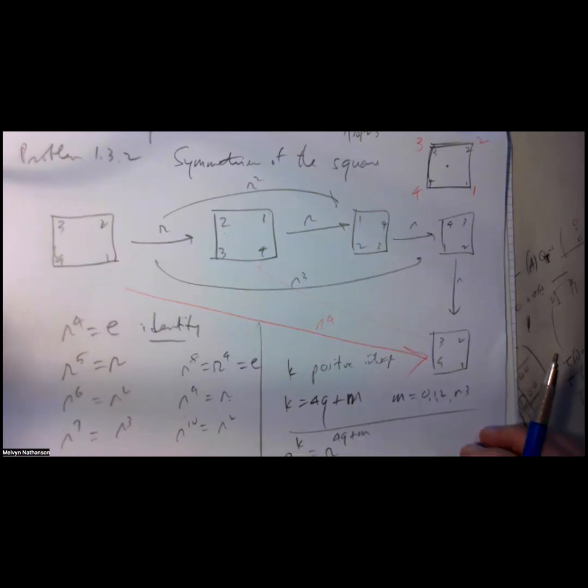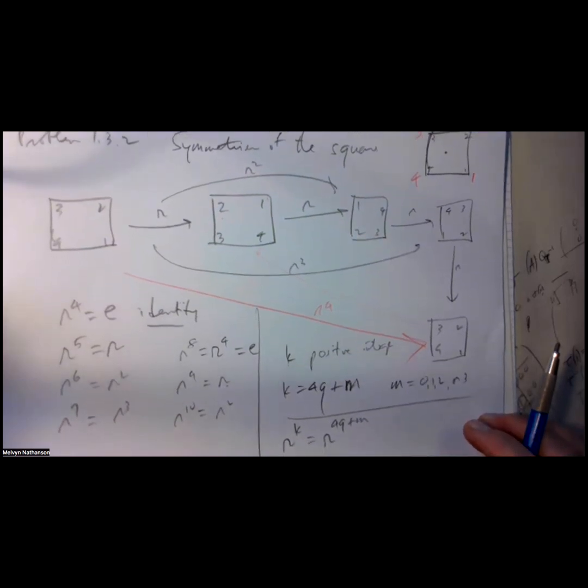And if you take r to the k, this is r to the 4q plus m. This is r to the 4q times r to the m. The rules of exponents still hold. And r to the 4q is r to the fourth to the q.